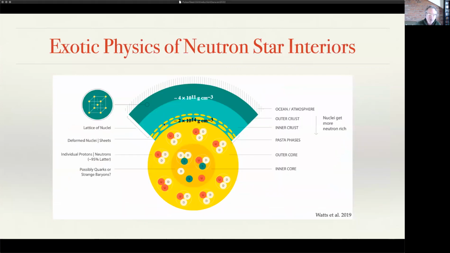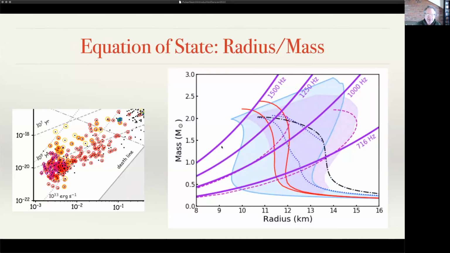So models of what the interior of the neutron star looks like. And you can see that this is saying that the mass and the radius have this complicated shape in many of these cases.